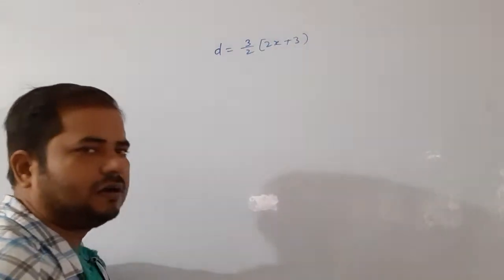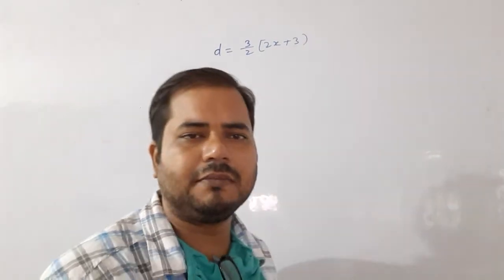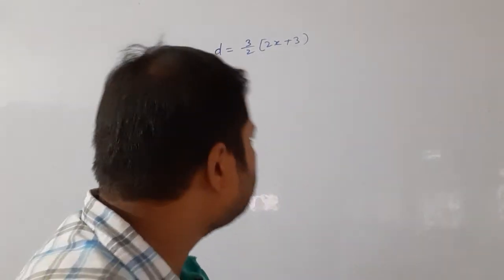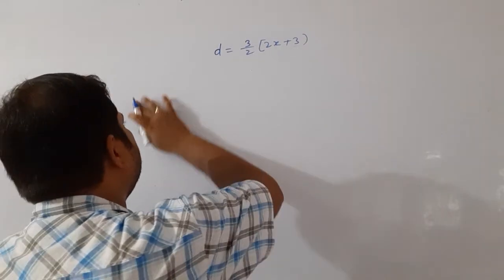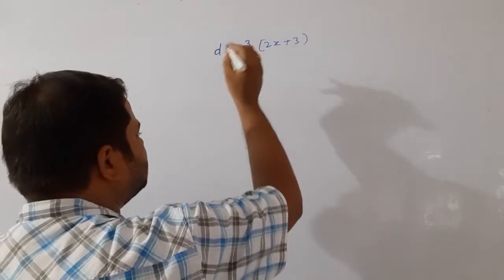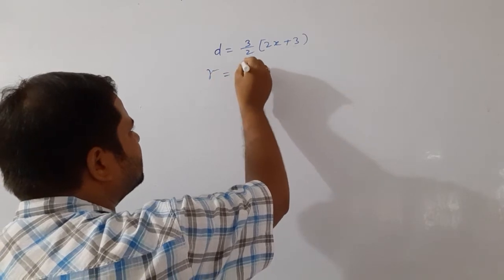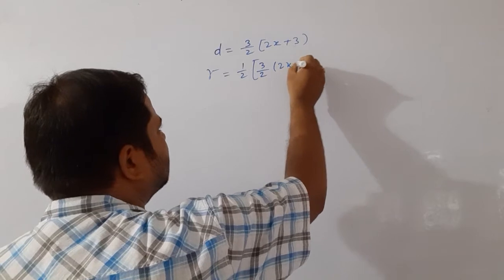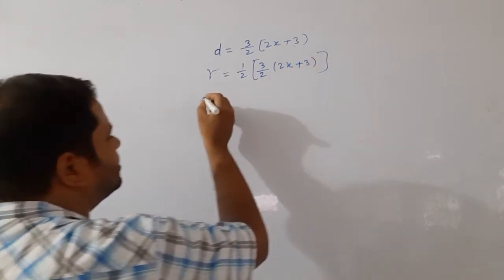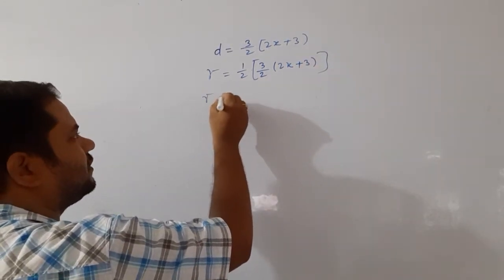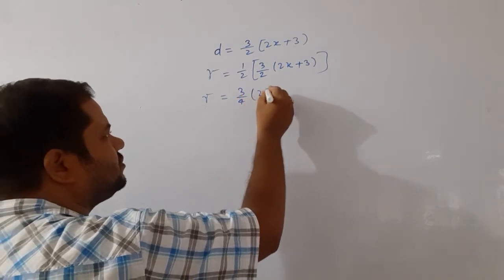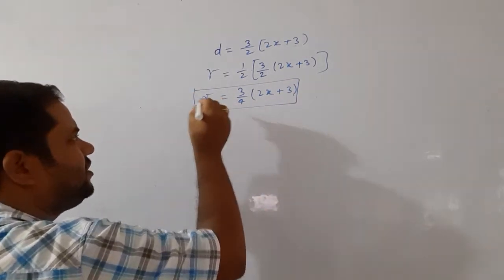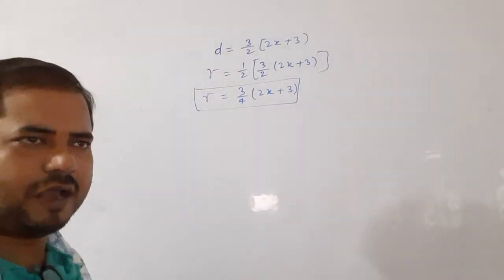So this is the diameter of the balloon. We need to find the rate of change of its volume with respect to x. So first of all we find the radius. Radius is nothing but 1 by 2 of 3 by 2 (2x plus 3). So this is r equal to 3 by 4 (2x plus 3), the radius of the balloon.